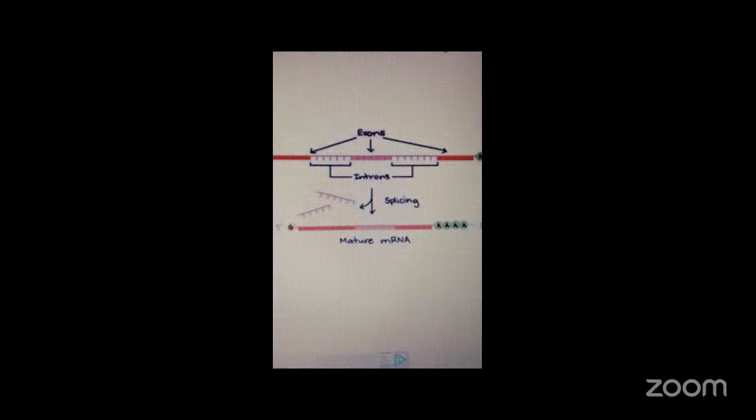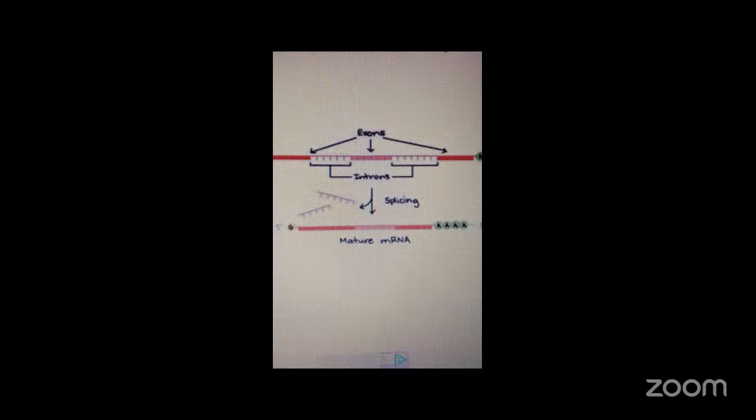So, what is a silencer? It is a DNA sequence capable of binding transcription regulation factors called repressors.